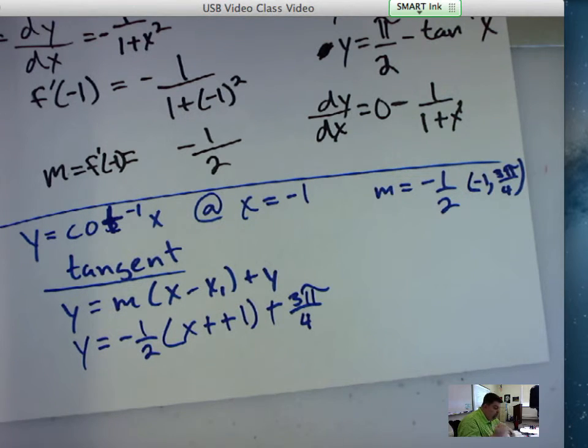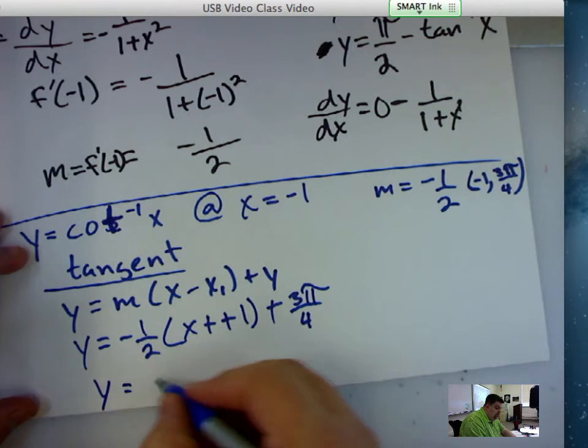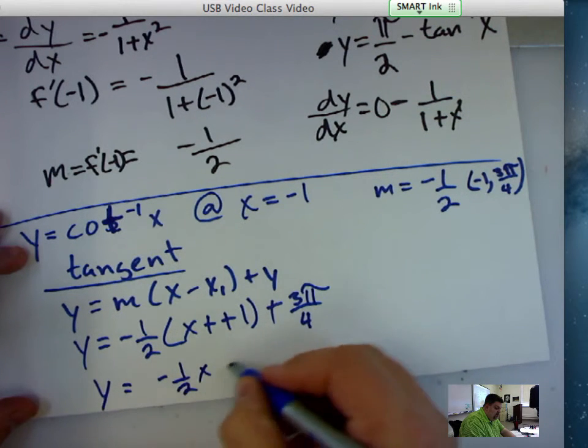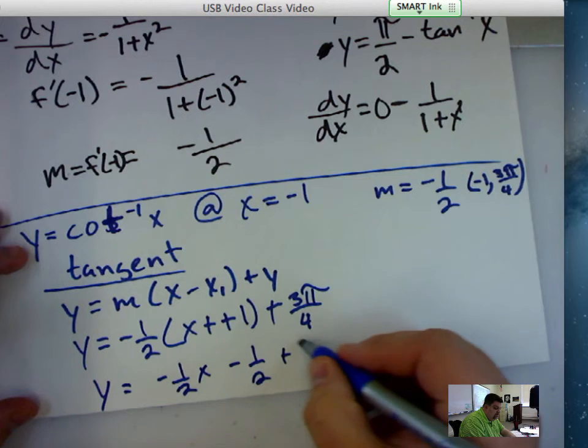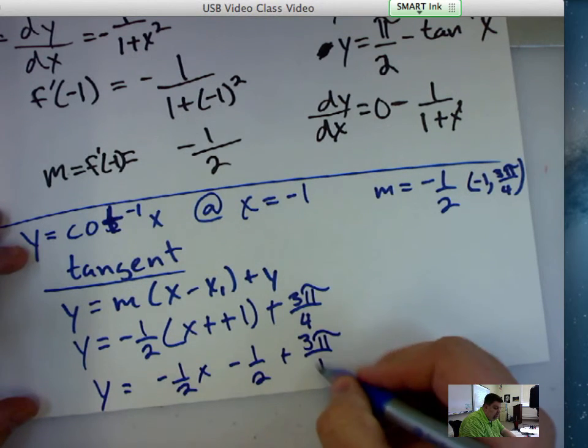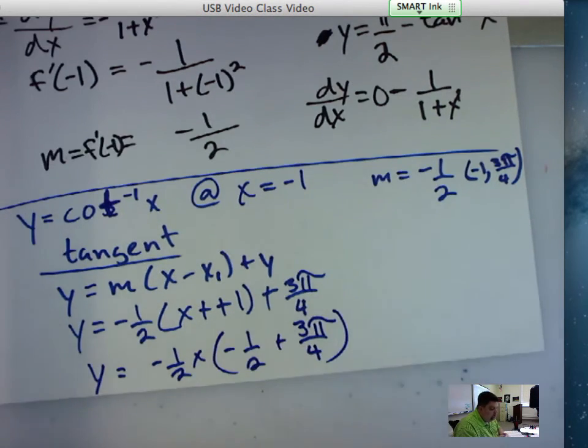From there, it would be y equals negative 1/2 x minus 1/2 plus 3 pi over 4. And this you could kind of leave alone if you wanted to, however you want to address that. You can find a common denominator, put them together, whatever you want to do.